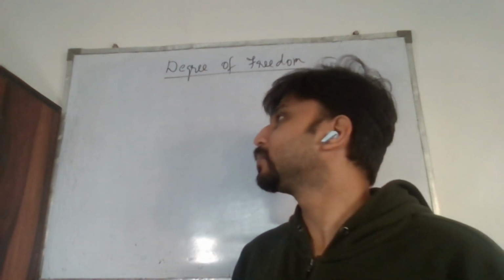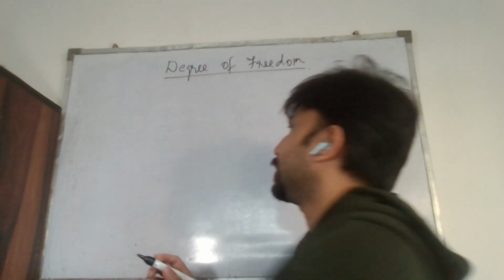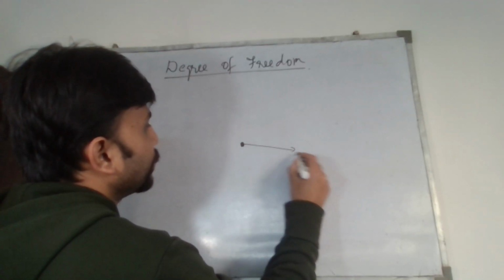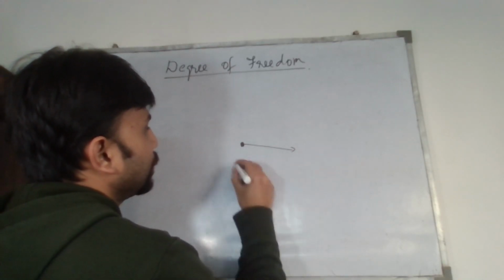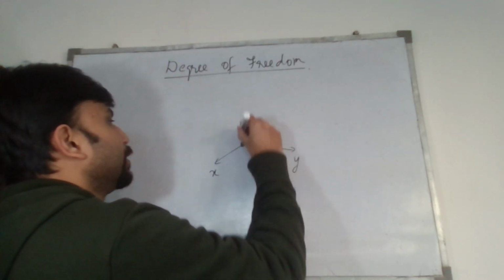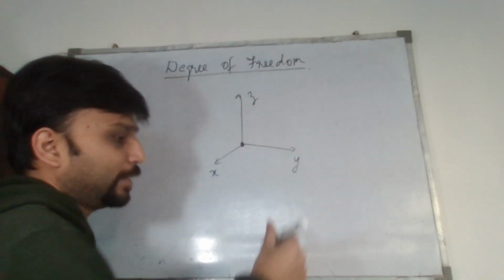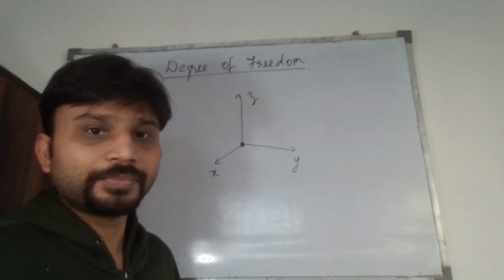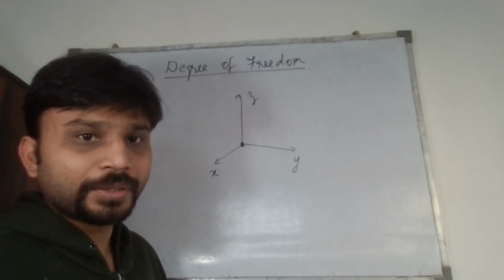So, we'll say a particle can move in either x, y, and z directions like this. Right, this is the standard coordinate system.